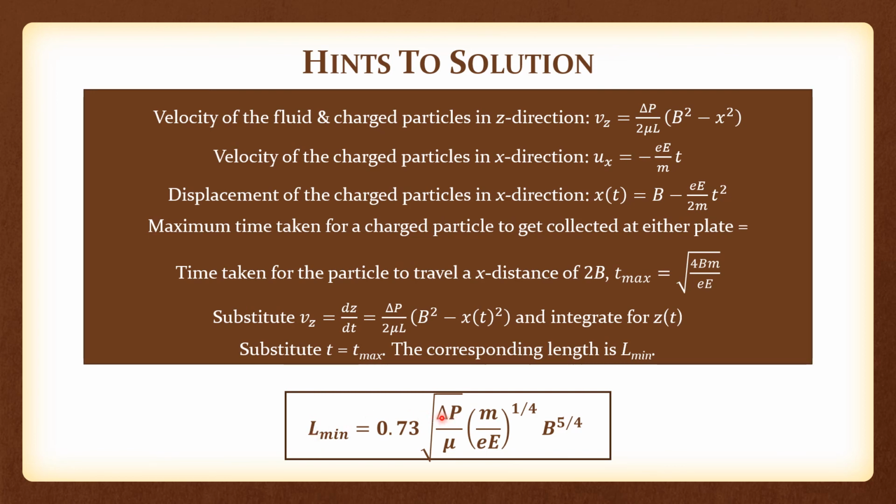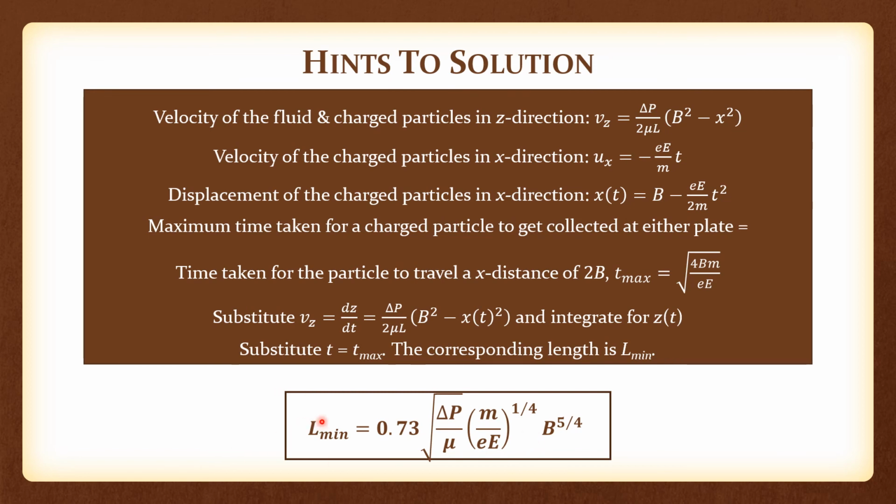The larger the pressure drop, faster the flow along the z direction, therefore you need longer length to collect it, right? And then larger the distance between the two parallel plates, of course the longer the time taken for the charged particle to come to the other plate from the top plate, and therefore longer the length that you would need.